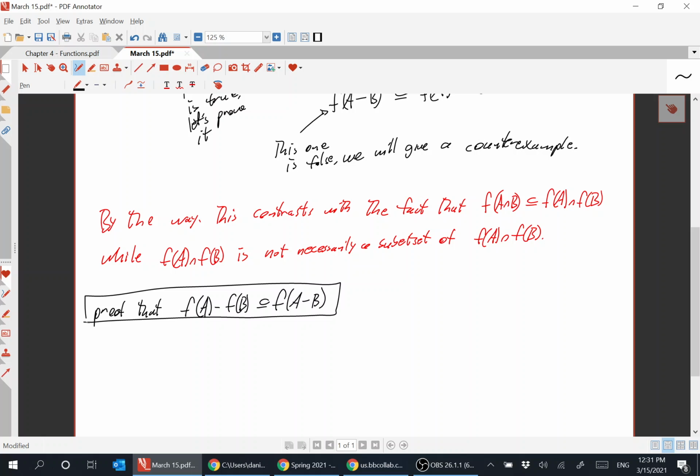What's the first sentence of the proof? Let y be an element of image A minus image B.